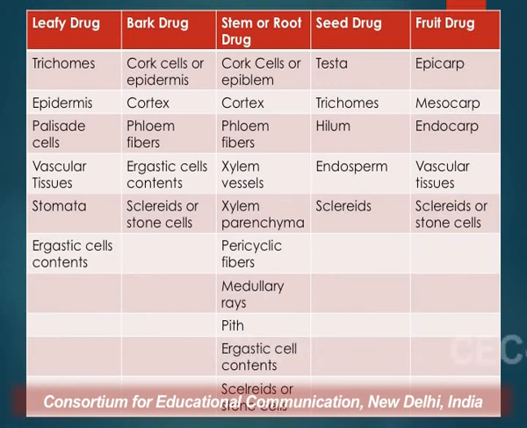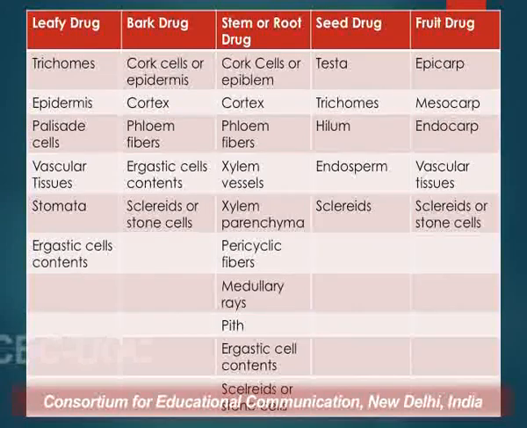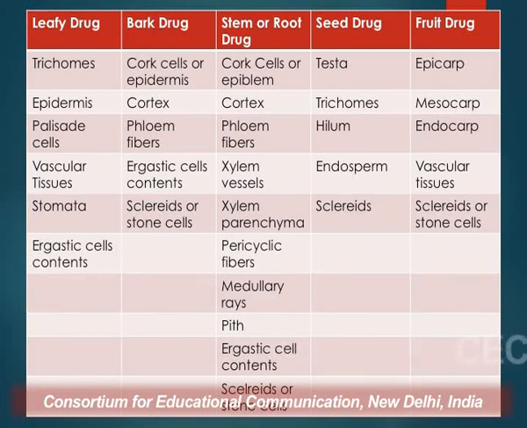in different plant parts. Say for example, if we are getting a leafy drug, then we study what kind of trichomes it is having, whether trichomes are unicellular or multicellular, covering or glandular. Then we also go for the characters of epidermal cells, whether their cell walls are straight or they are having wavy cell walls, or the epidermis is covered with cuticle, and if it is covered with cuticle, whether the cuticle covering is smooth or it is striated.